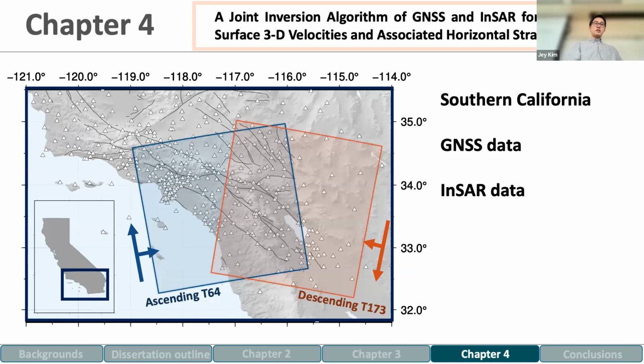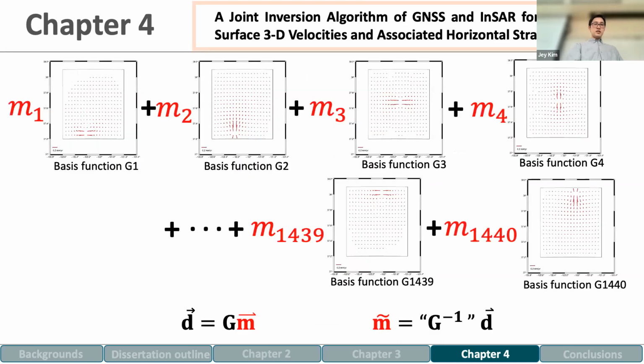And for that, we focus on Southern California. And this is the method section. It's another linear system, where we obtained about 1,400 linearly independent basis functions.